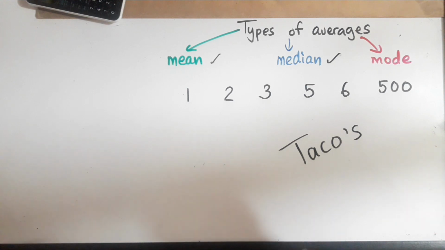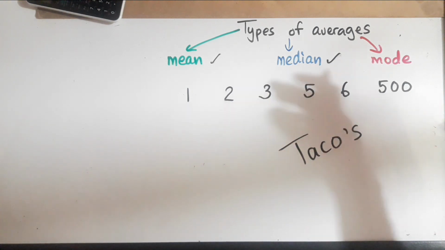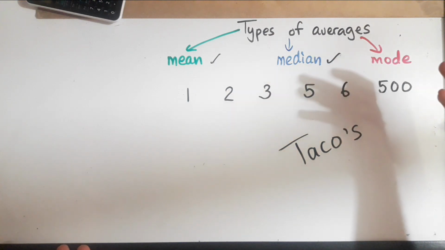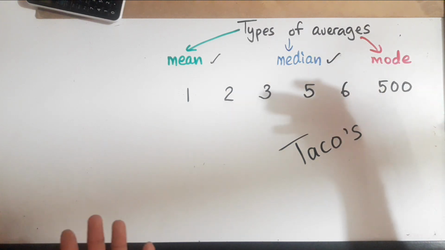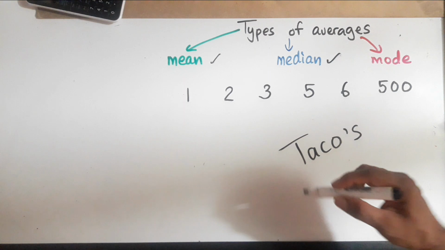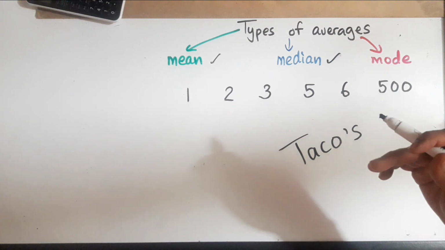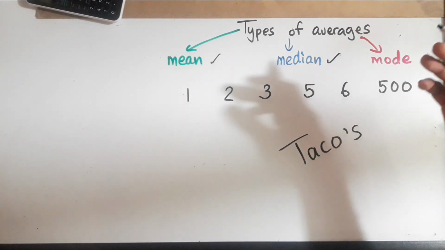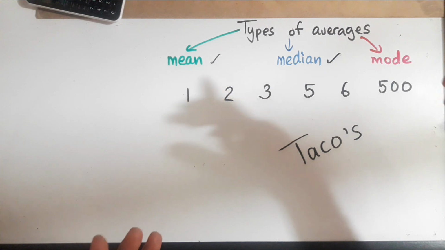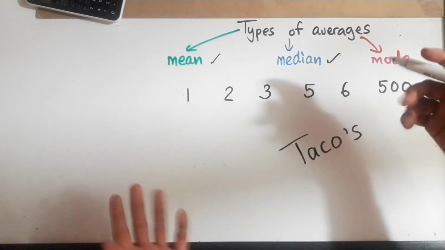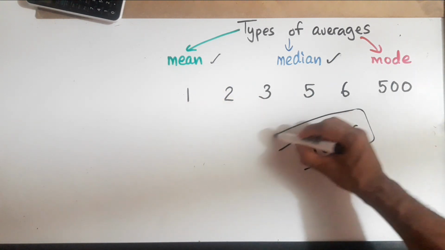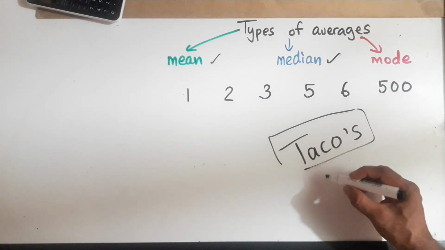Obviously, you want to open your business in a place where people want tacos, so a lot of businesses will hire someone to do a survey, and you will find out whether your product will sell. So let's say you have a business and it's called Mr.